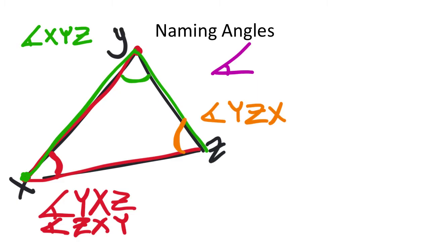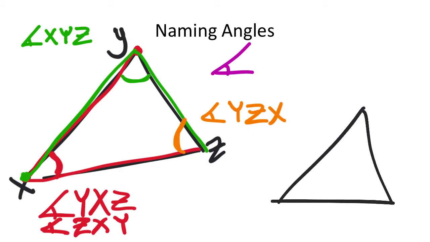Now, something else you should notice about this, I use different colors to indicate that we're looking at different angles. But if you look at triangles in general, what's going to happen is, if we want to indicate that they're different angle sizes, then what we would usually do is we're going to mark them in a different way.